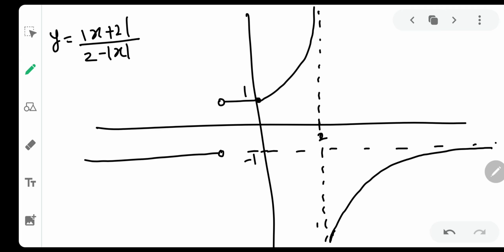Hence at x equal to 2, again the function is discontinuous because LHL and RHL are not same. But after x equal to 0, the graph is always increasing. So finally we have drawn the graph of y equal to mod of x plus 2 upon 2 minus mod x. I hope you liked how we have discussed every tiny detail of plotting this graph.